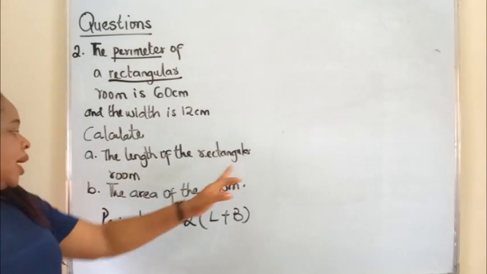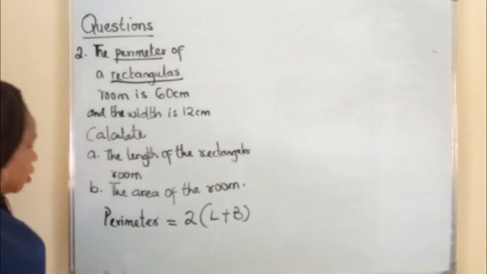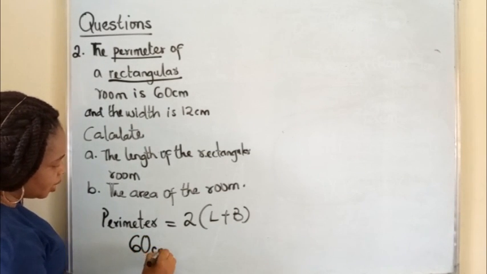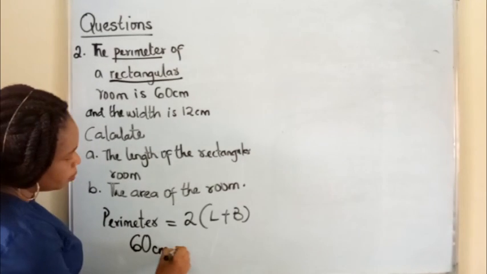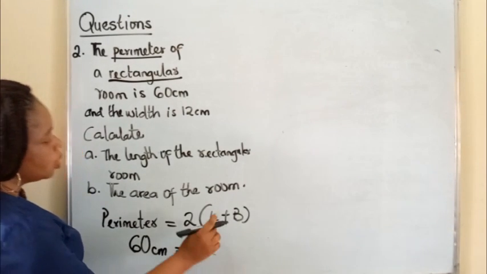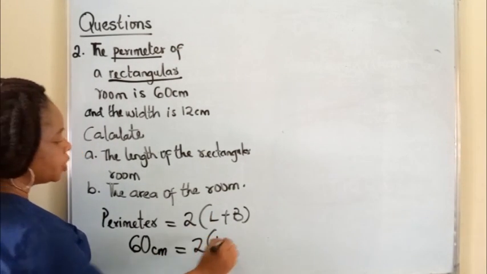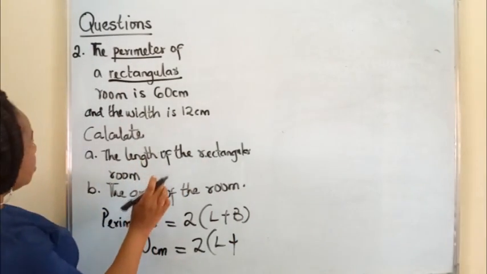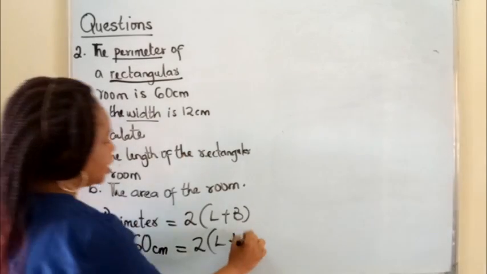Find the length of the room. Okay, so the perimeter was given, we'll write 60 centimeter. That's given. Plus 2. Length wasn't given, so we'll write it as L. But the breadth, which is the same thing as width, was given as what?